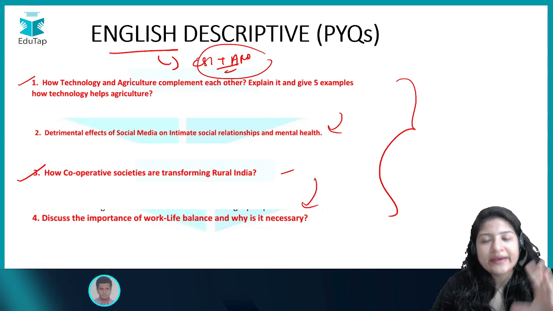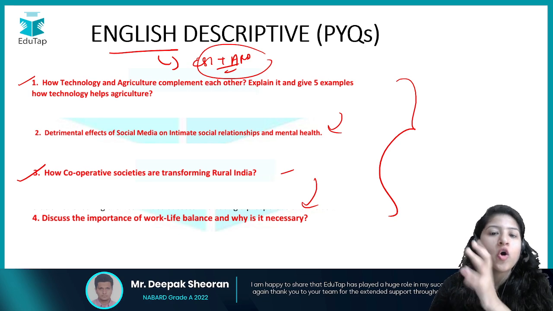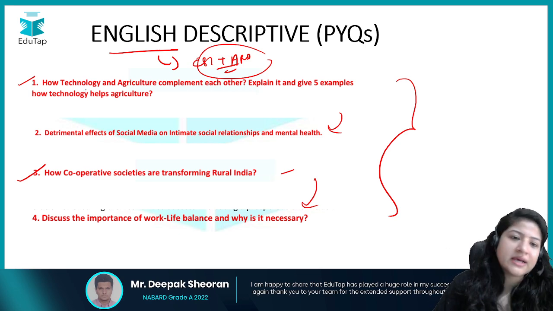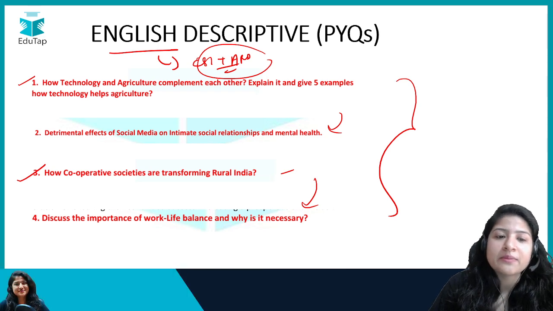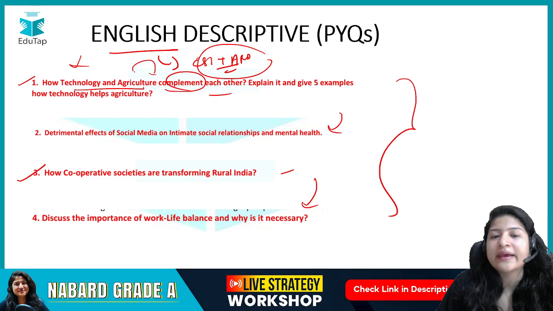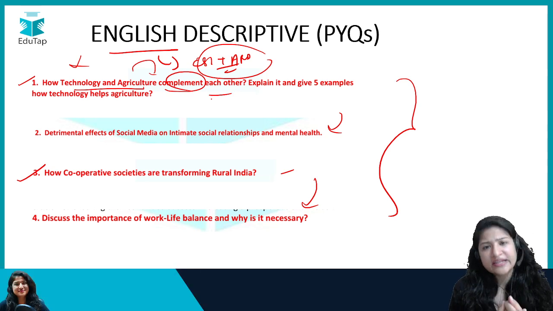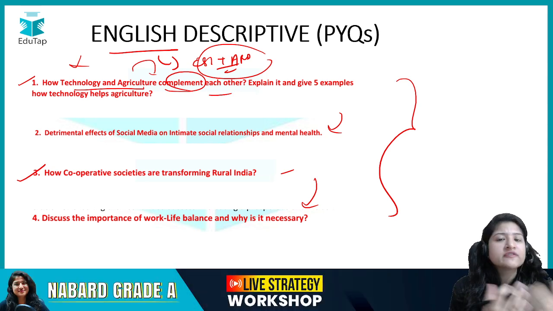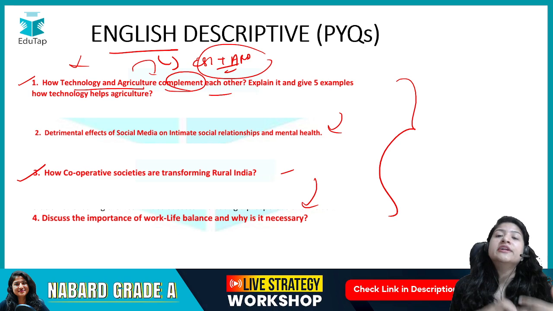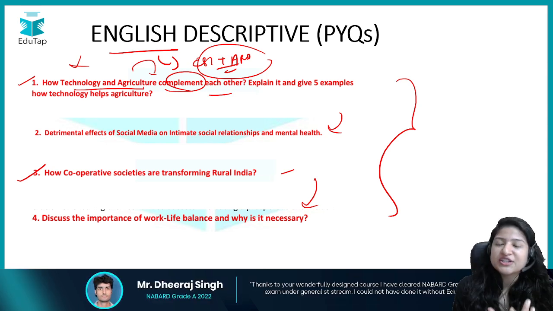Okay, and here also it's the same thing: anything that is in current affairs, hot news related to ARD, can be asked in the examination. Now look, for example, how technology and agriculture complement each other, right? Now if you read the news, you know about sustainable agriculture. We are focusing a lot on sustainable agriculture, right? We are introducing new technologies so that efficiency can be increased in agriculture. We are talking about precision agriculture, right?